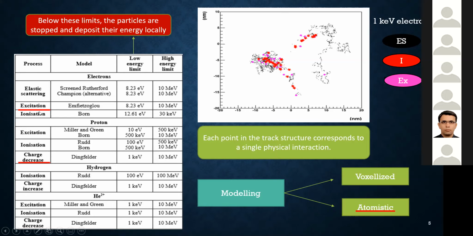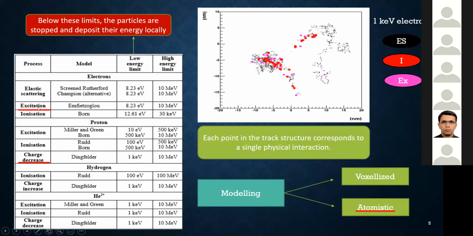Each of them has different processes, and the different processes are described with different models, for example excitation, and each has different energy limits. If a particle is being tracked and its energy goes below the low energy limit, then the particle is stopped and deposits its energy locally in the medium. So this is about the models and the processes.